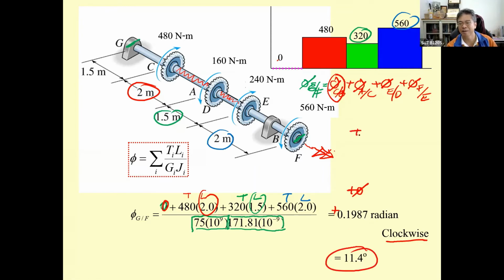You know that pi, that is half of the circle, is equivalent to 180 degree. So 0.1987 radian, divided by pi, times 180, you get the degree. That is analysis 1.a.